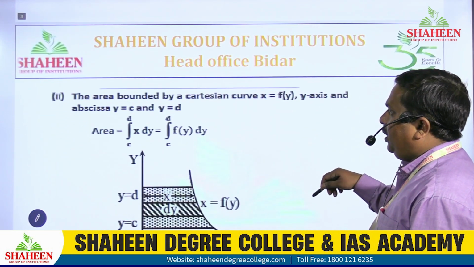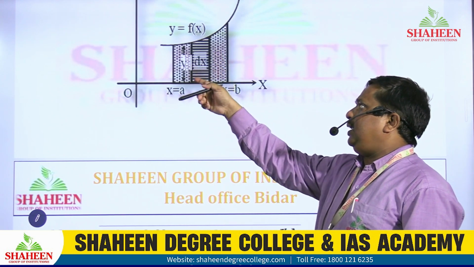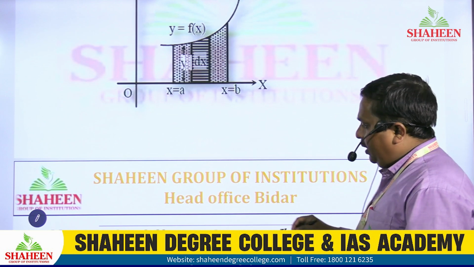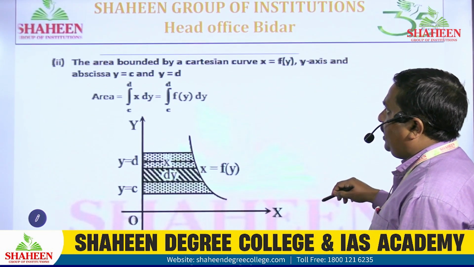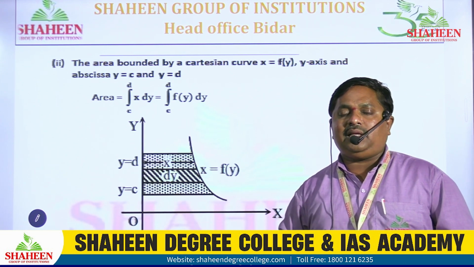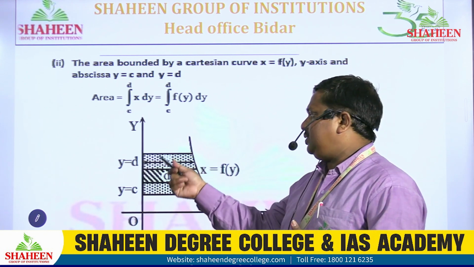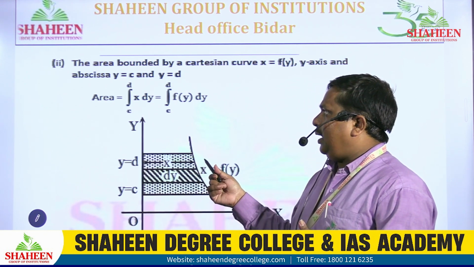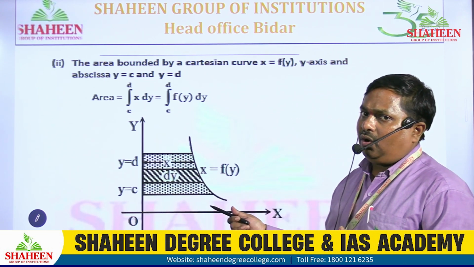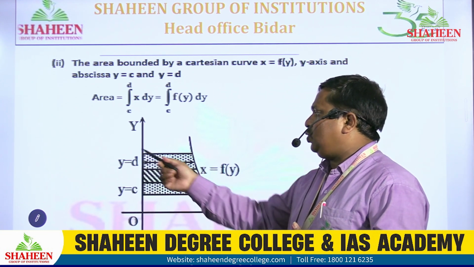Now we are looking at the area along the y-axis. In the previous case the shaded area was bounded with the x-axis. Here, in the second type, the area is bounded with the y-axis. Then the given function becomes x equal to f of y, the curve equation is x equal to f of y, and the ordinates are y equal to c to y equal to d.